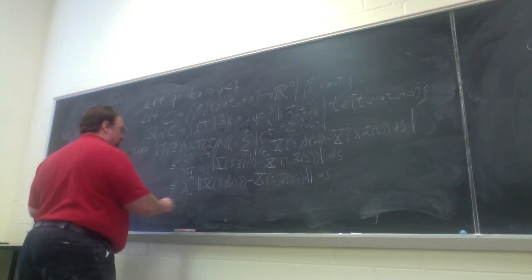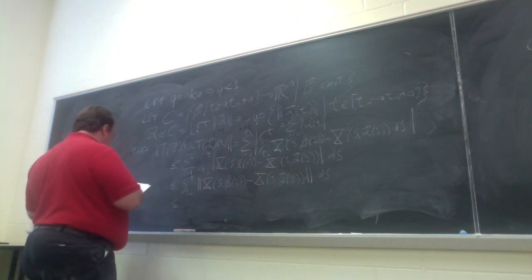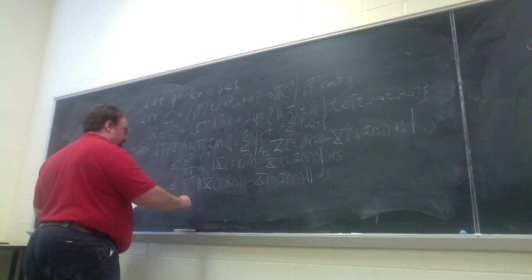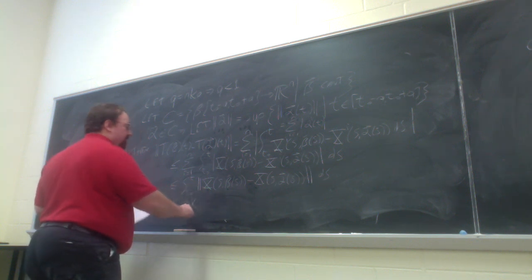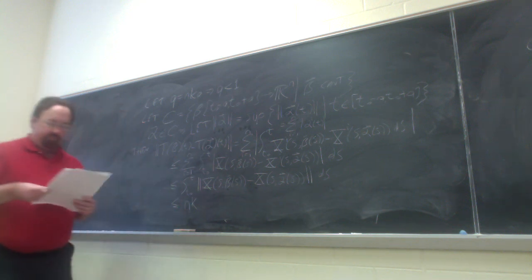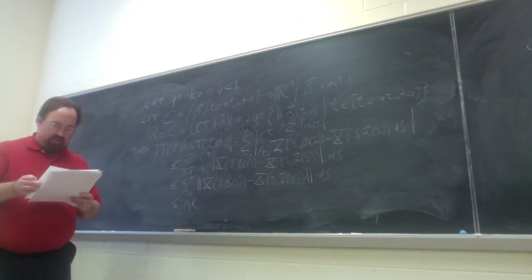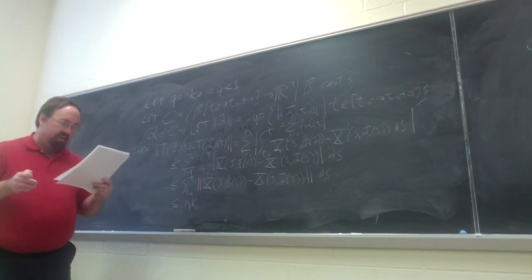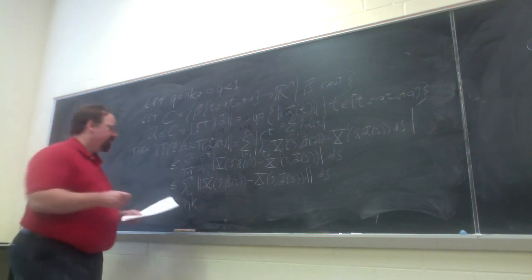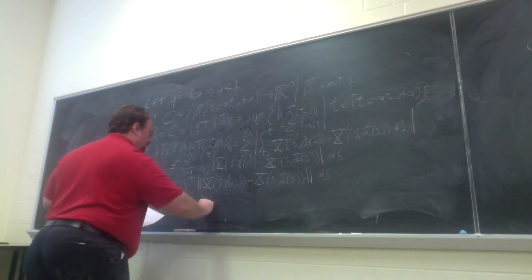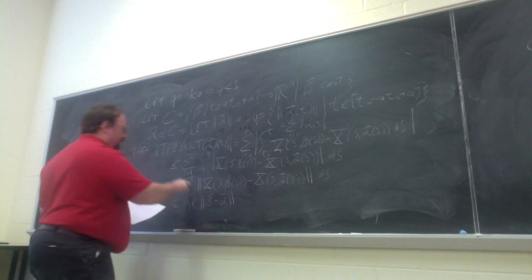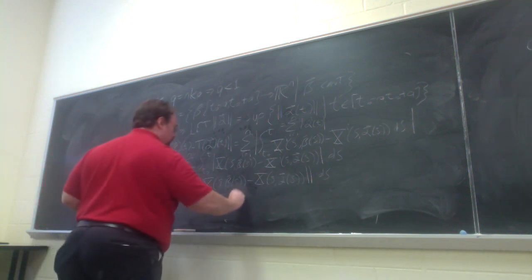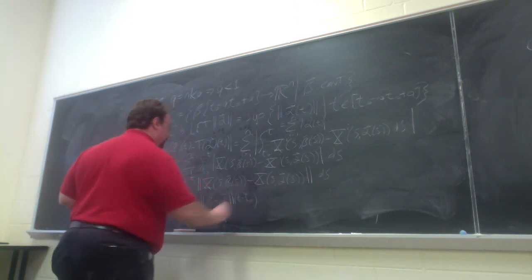So using that, I can say this is less than or equal to nk beta minus alpha times the width of the interval t minus t naught.